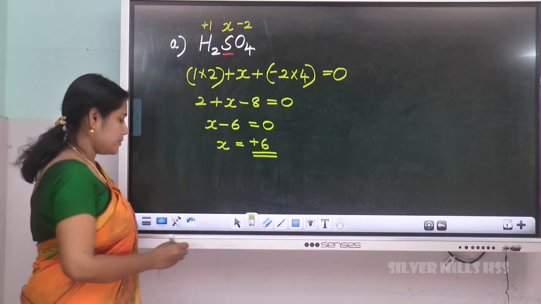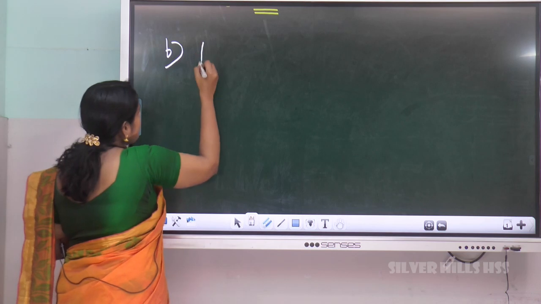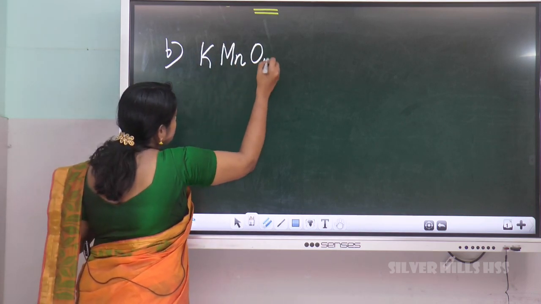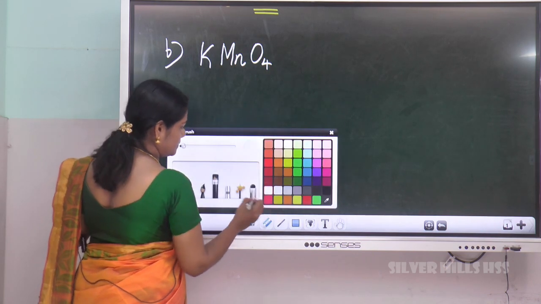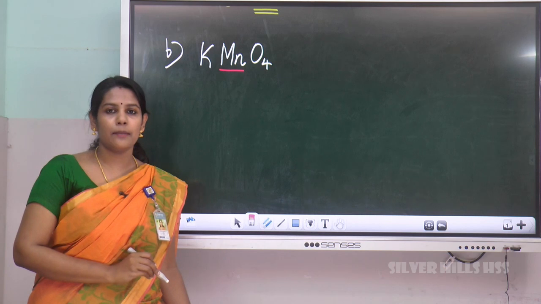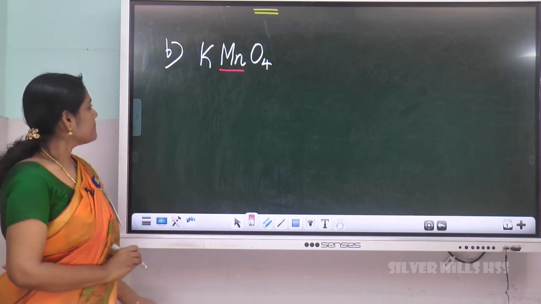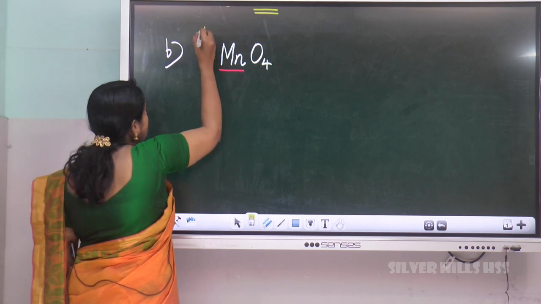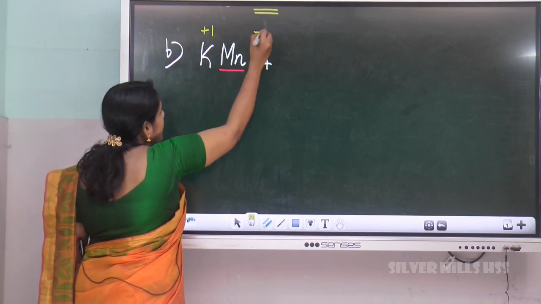Now the second molecule is KMnO4. You are asked to calculate the oxidation number for manganese. So we know the oxidation number for potassium, that is +1, and oxygen is -2.